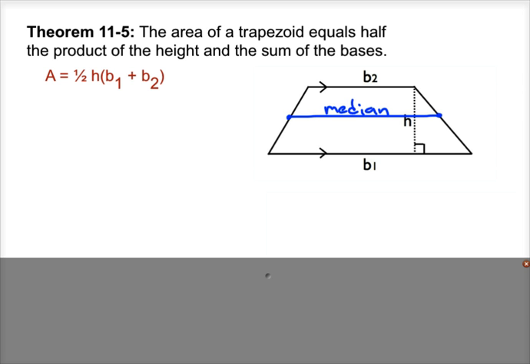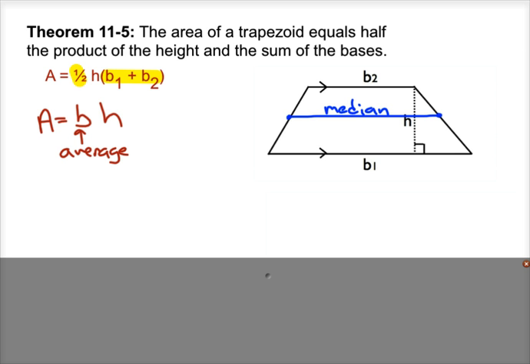And if you look over to the side here, that's all this part of the formula is. It's finding the average of the bases. Base 1 plus base 2 times 1/2 is getting the average base. So I tend to think of this area formula as sort of like a rectangle. The area is just base times height, but I remember that one of the bases is too big, one of them is too small, so I need the average.